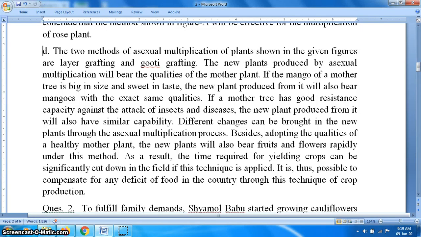Besides adopting the qualities of a healthy mother plant, the new plants will also bear fruits and flowers rapidly under this method. As a result, the time required for yielding crops can be significantly cut down in the field if this technique is applied. It is thus possible to compensate for any deficit of food in the country through this technique of crop production.